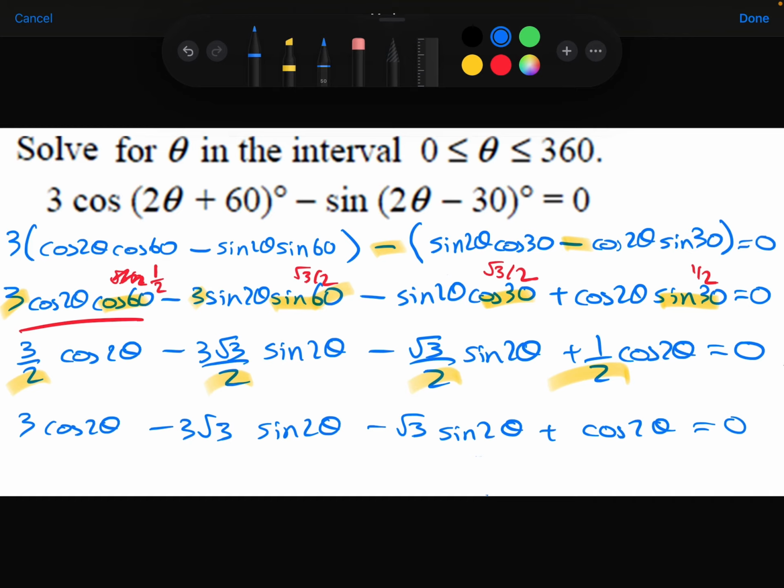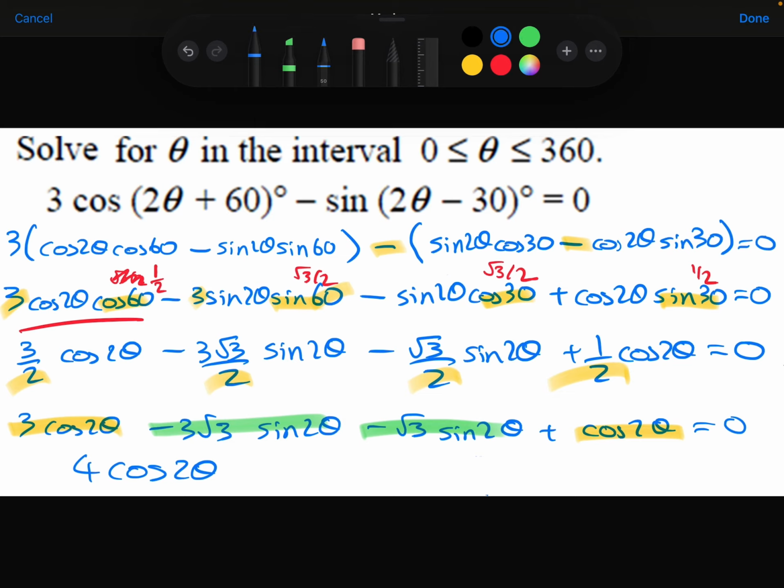Now, we also notice that we've got some like terms. You may have spotted these already. I've got the 3 cos 2θ plus cos 2θ, which is going to give me 4 cos 2θ. Also note that I've got minus 3 root 3 sin 2θ minus root 3 sin 2θ.